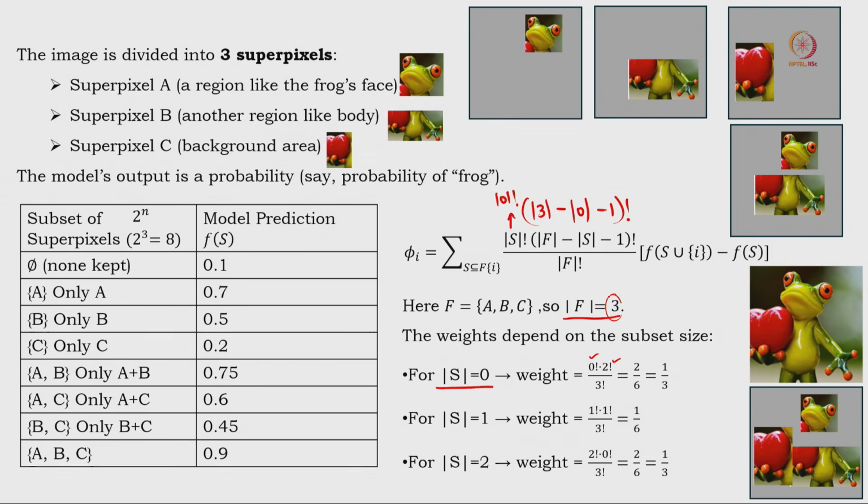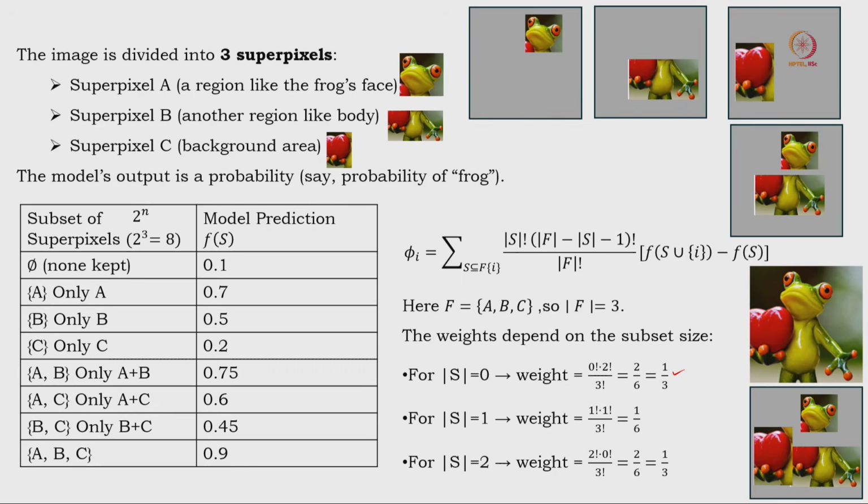It is 3, so divided by 3 factorial. I hope you have understood how to calculate this. Substituting the values, 0 factorial is 1 and 2 factorial is 2, so 1 times 2 is 2, and 3 factorial is 3 times 2 times 1, which is 6. Calculating, you get 1 by 3.